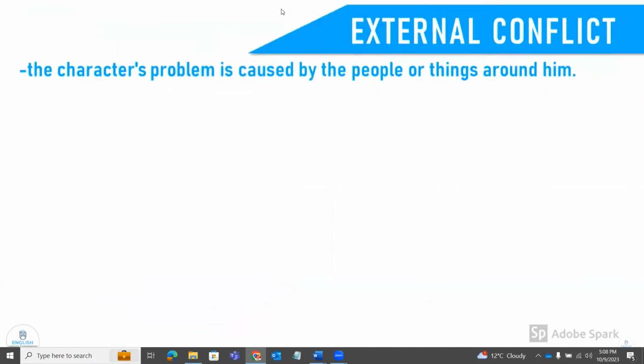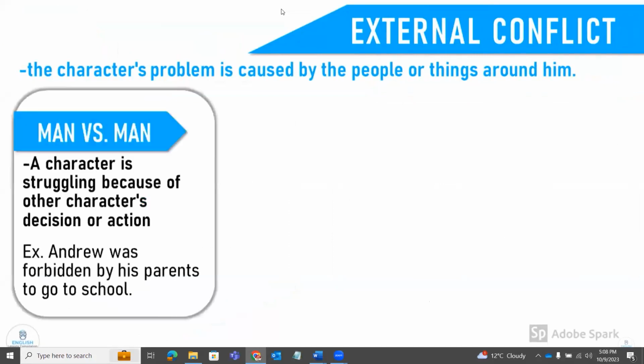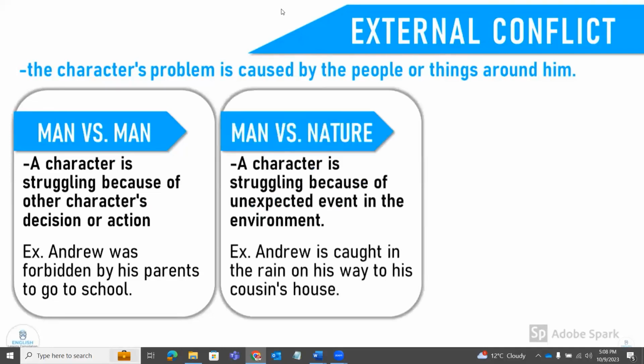On the other hand, external conflict happens when the character's problem is caused by the people or things around him. Man versus man is a type of external conflict. It happens when a character is struggling because of other characters' decision or action. Example: Andrew was forbidden by his parents to go to school. The next one is man versus nature.